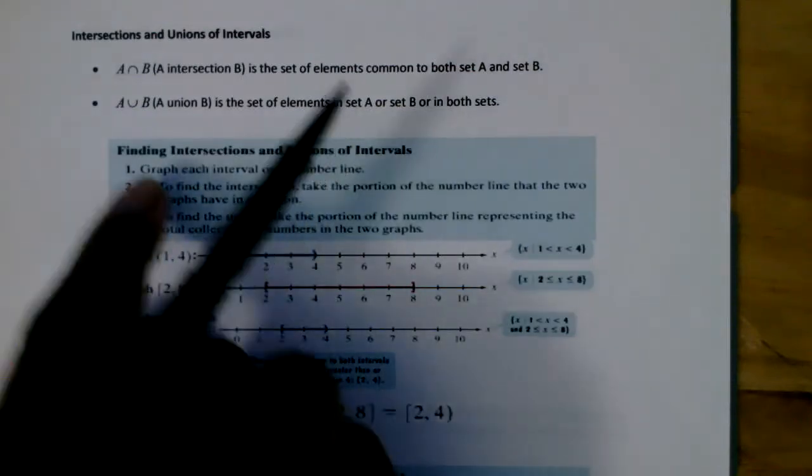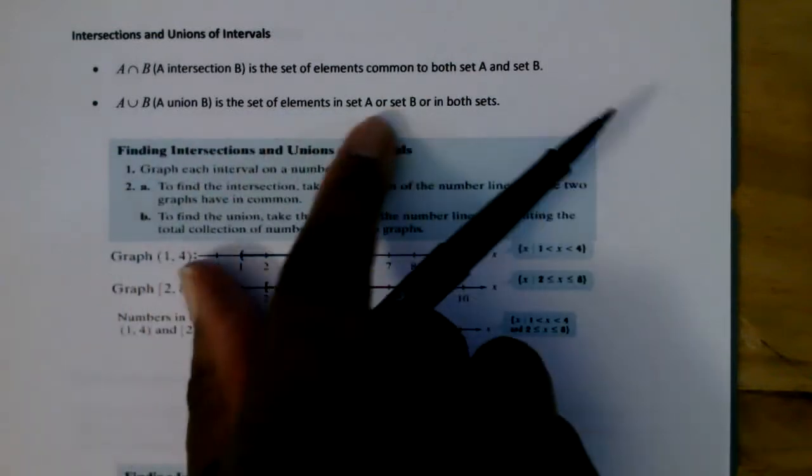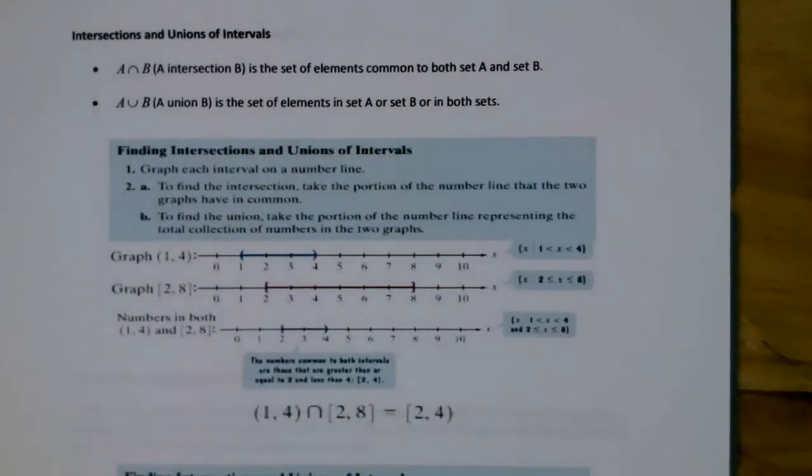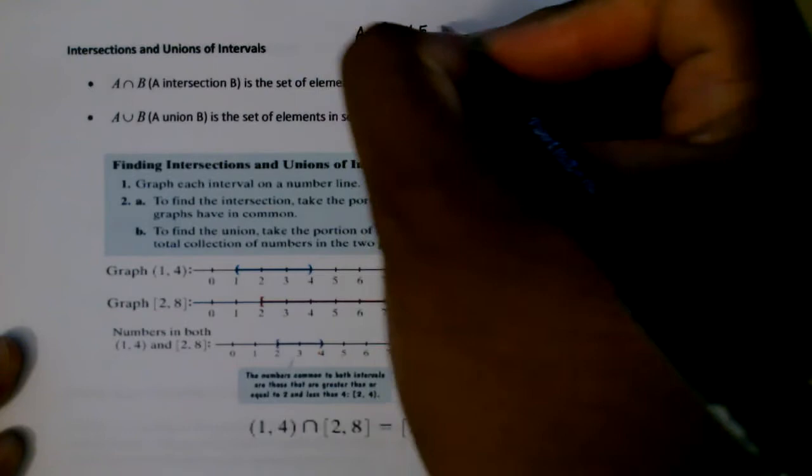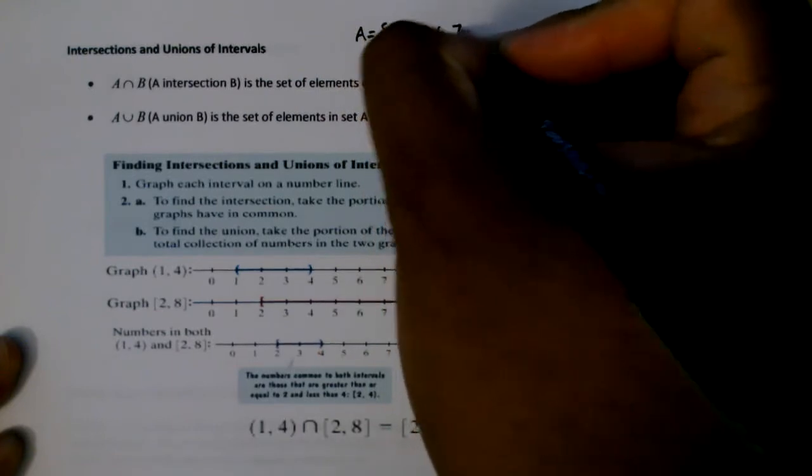And here we're using the inclusive or, because it could be in set A or in set B or both A and B. Let me give you an illustration of that. Let's say I had two sets here, like set A had these elements 3, 4, 5, 6, and 7. Set B had these elements 4, 6, 8.